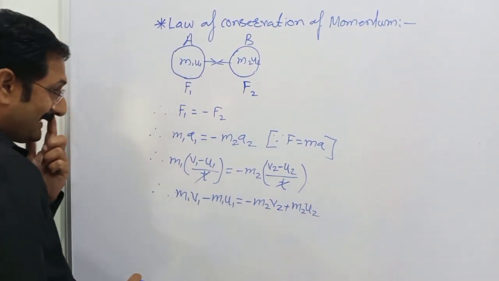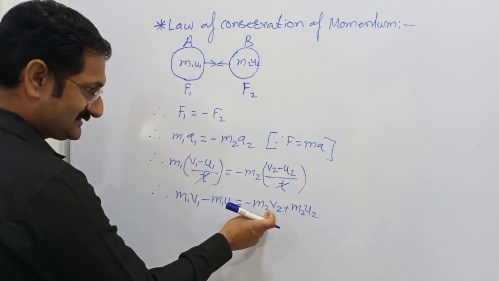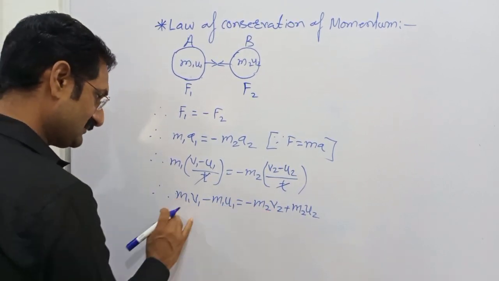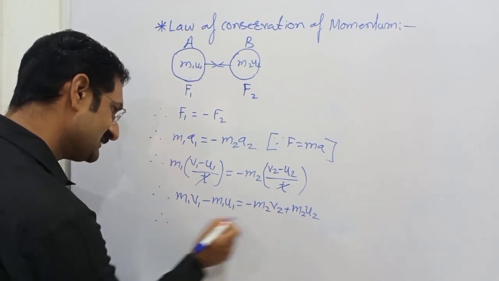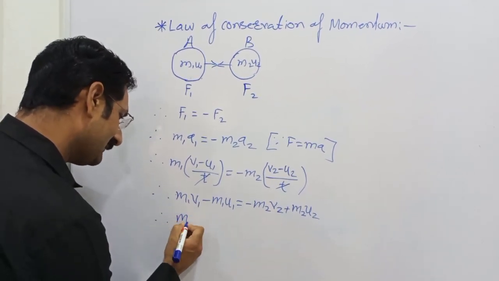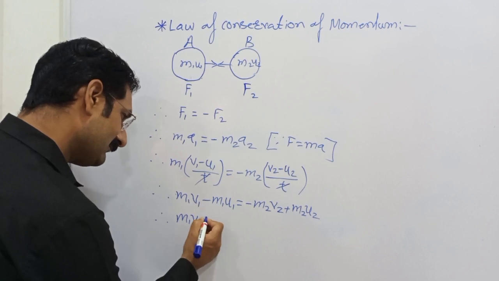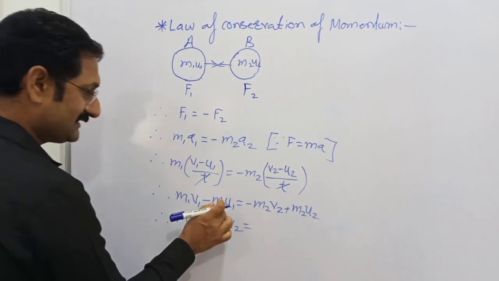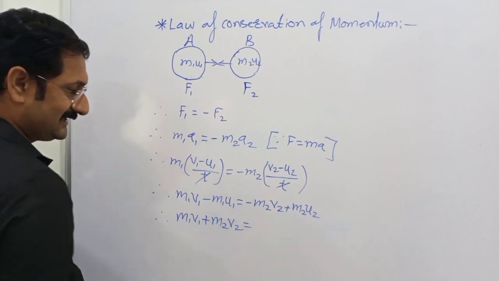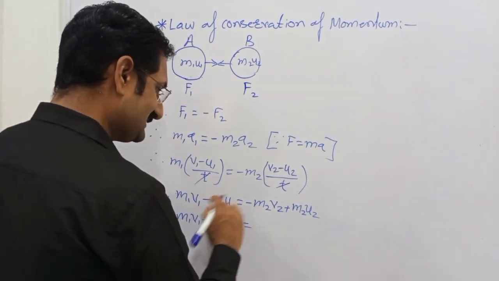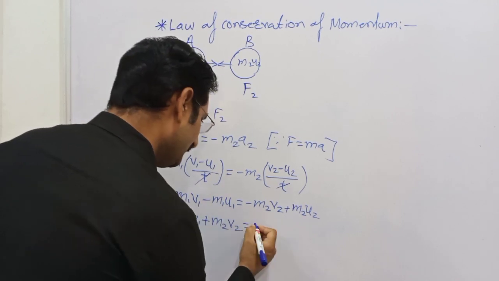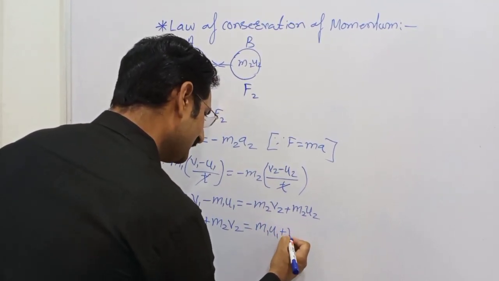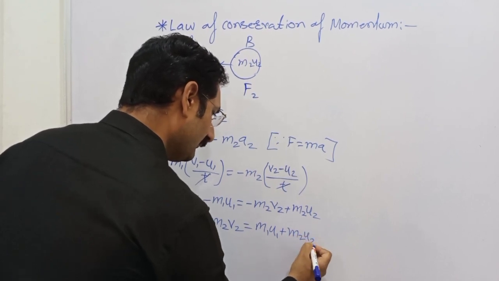According to our maths rule, this minus m2 v2 changes to plus when it moves to the LHS. So it becomes m1 v1 plus m2 v2. And this minus m1 u1, when it goes to the right side RHS, converts into plus, so it becomes m1 u1 plus m2 u2.